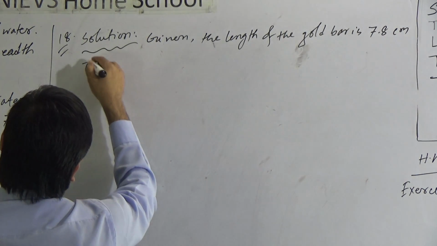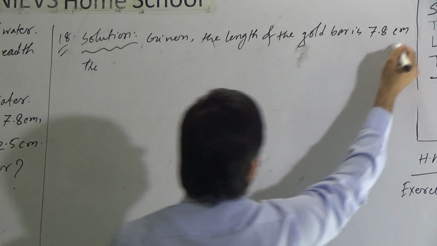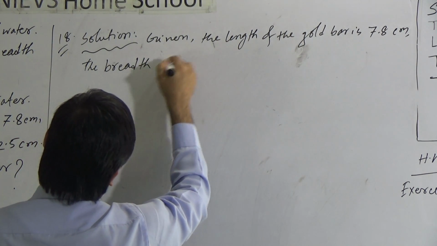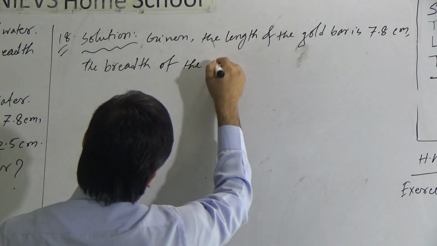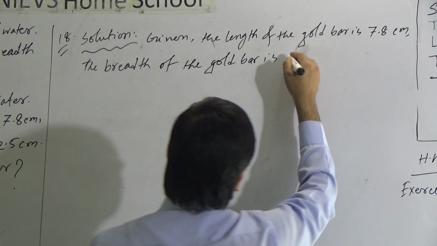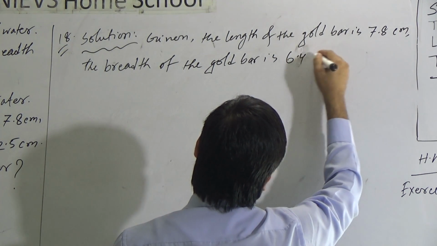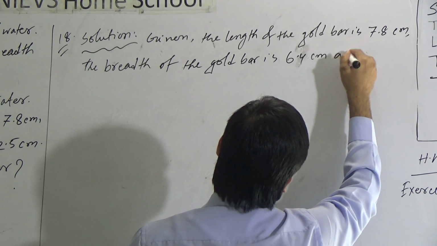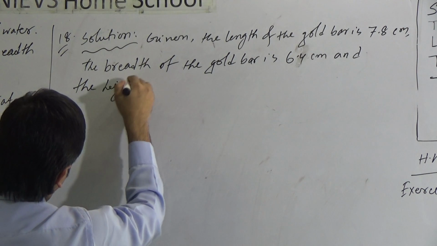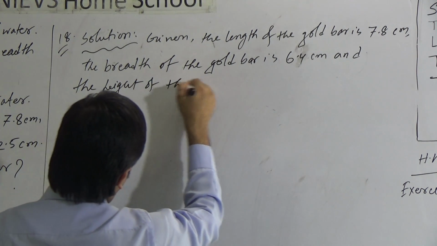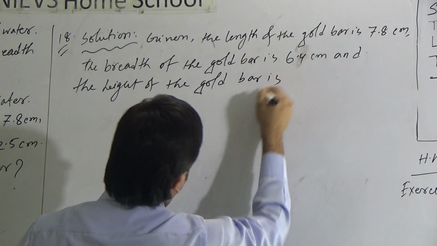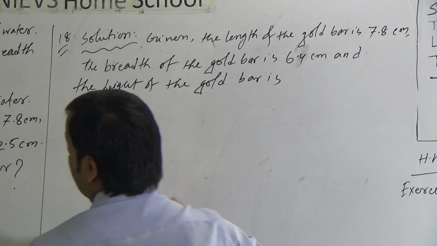The breadth of the gold bar is 6.4 centimeter, and the height of the gold bar is 2.5 centimeter.